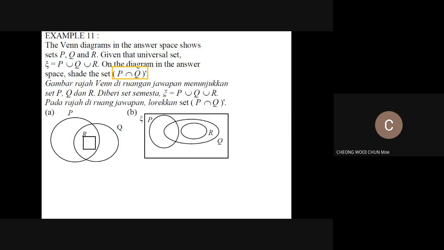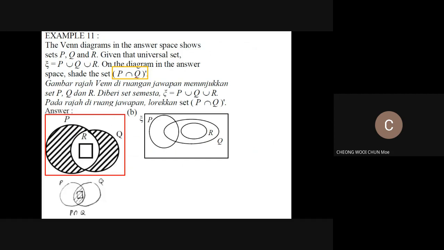So example 11, the Venn diagram shows this one, then shade the set complement of P intersect Q. Before finding the complement, find P intersect Q. Let's say I draw again, P, Q, and this one R. P and Q intersect means P and Q touch.